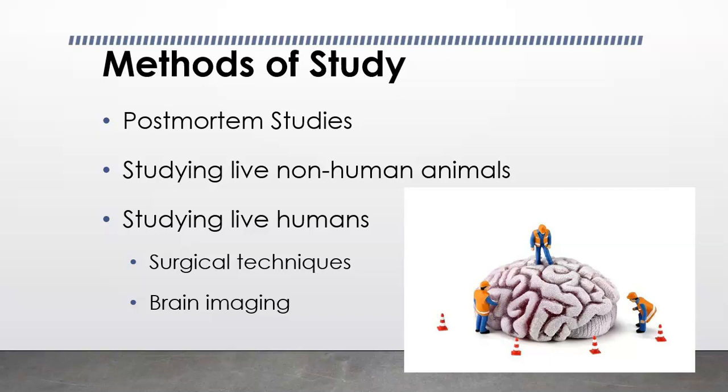And then the last type of study is studying live humans. We're going to go over a bunch of the different types of human techniques, but the first type is surgical techniques. Again, this is usually done in a case study setting, usually to help a pre-existing condition, and then there are some side effects that we can study to look at human behavior.